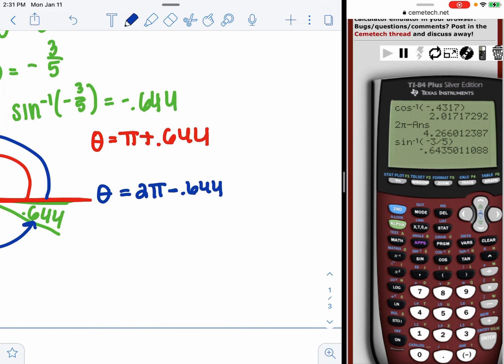So remember, I have to use it twice, so I want to store it as x. Positive 0.644, that is. So I need to store this as x, but I need it to be positive. So first I'll hit times -1 to make it positive. And now I'll hit store as x. It'll save over my last stored value. And now I'm going to do pi plus x.